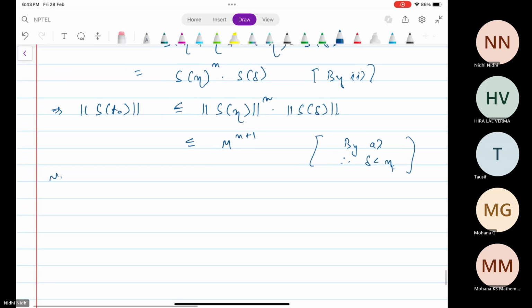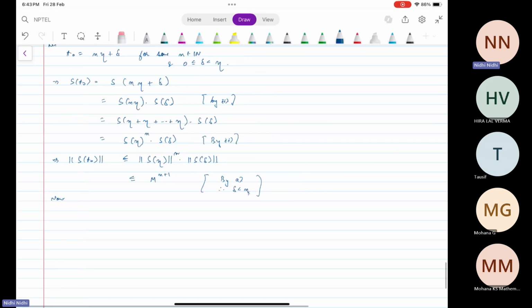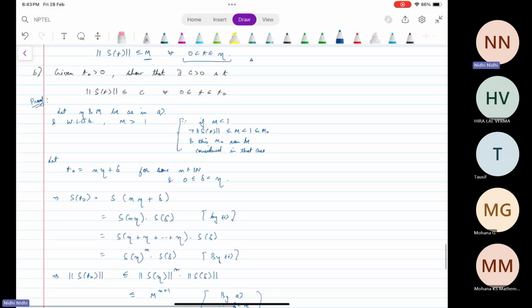Now we wanted to show that norm St is less than or equal to C whenever t is between 0 and T naught. For T naught, we have seen that this norm is less than or equal to M to the power n plus 1. Now we'll try to show that for all t less than T naught, the same inequality holds.